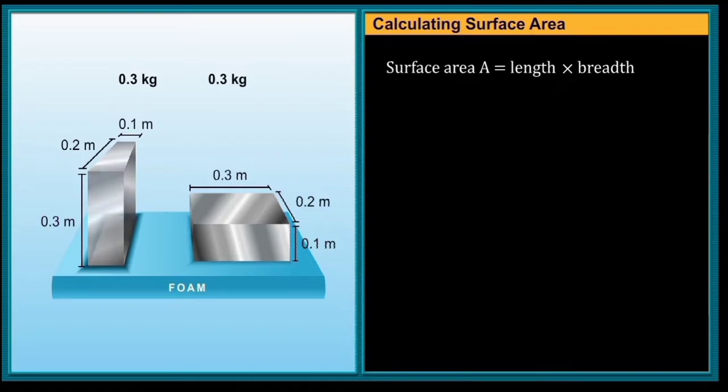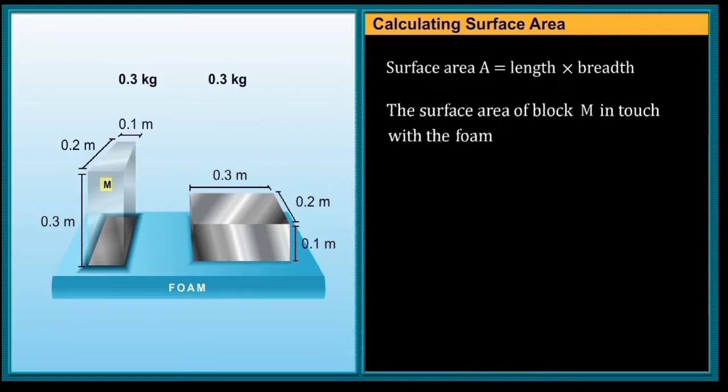The area of contact, that is, the surface area of a block, is the product of its length and breadth. Thus, the surface area of block M in touch with the foam is 0.02 square meters.